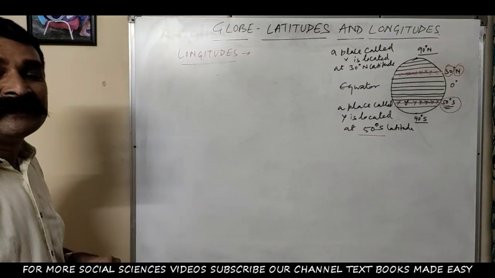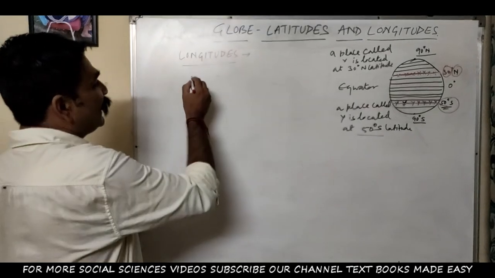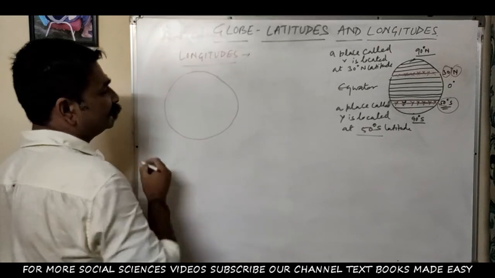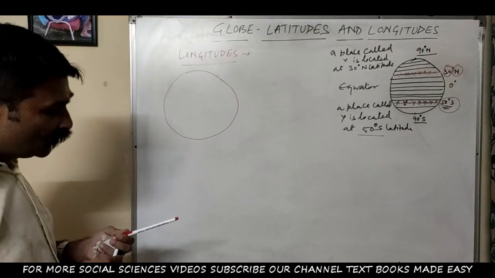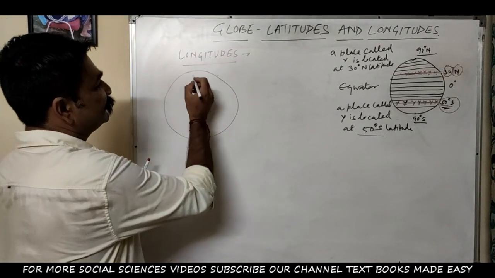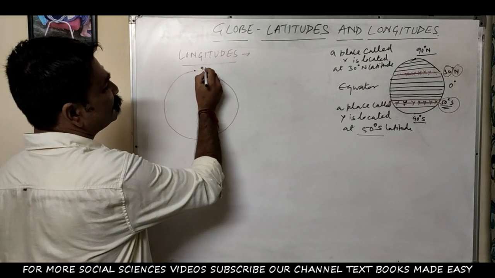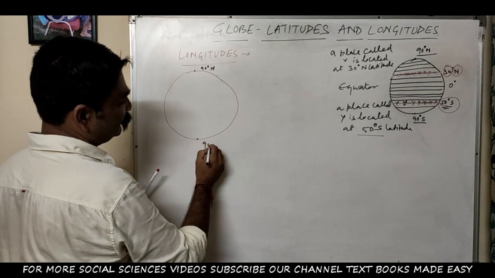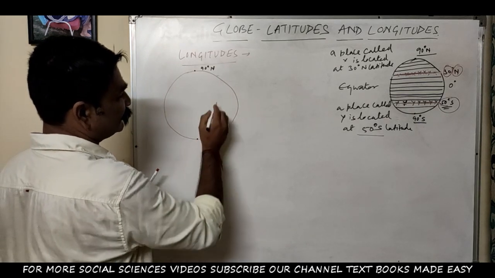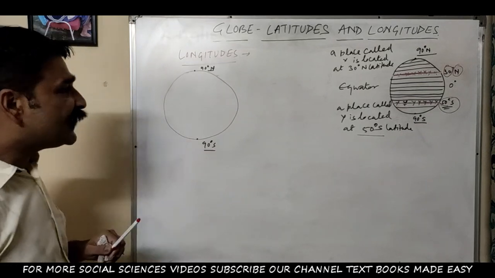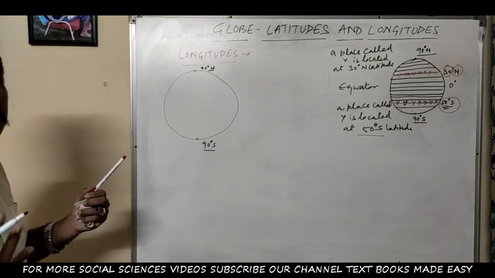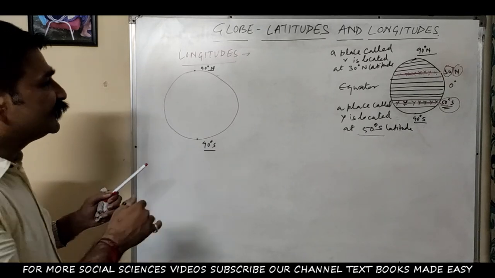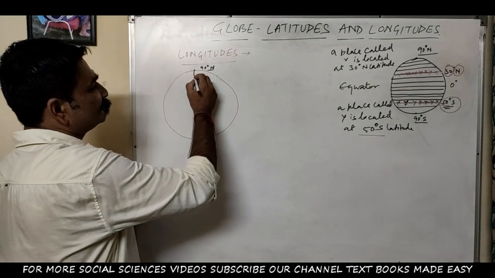Now I will draw a diagram of Earth, and we know that this point is known as 90 degree N, and this point is known as 90 degree S. And we draw more lines which connect these two points, like this.